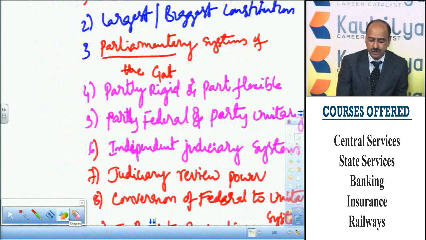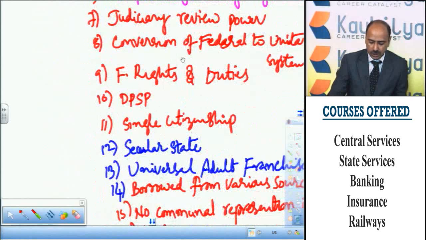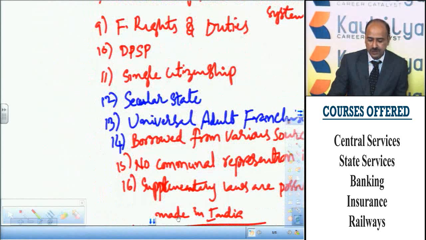After that, the independent judiciary system, then fundamental rights, directive principles of state policy, universal adult franchise, and single citizenship. These are the main important salient features of our Constitution. Our experts mention many salient features, but these are the most important ones we have to concentrate on. Next one is the preamble.